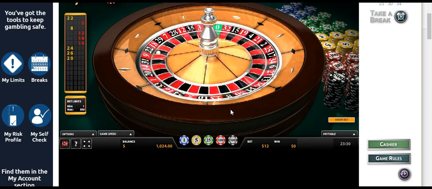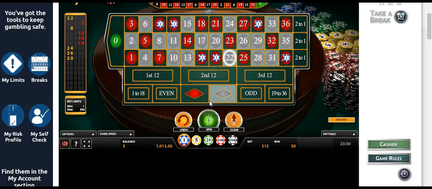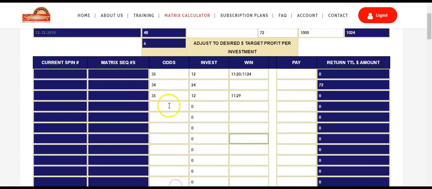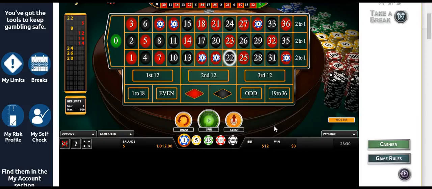Okay, and you had a miss. So what would happen is you would rebet, go into the calculator here, you put in 34. Okay, so you're going to rebet those numbers, and you're going to put in the sequence numbers for number 22. Okay, well, we're not using that sequence of numbers.